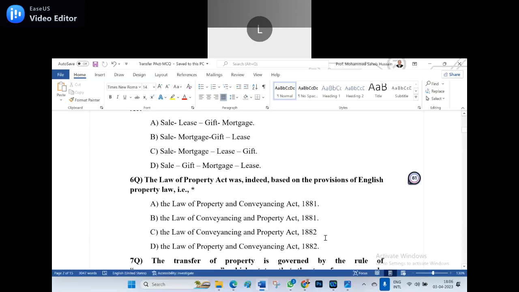The Law of Property Act was indeed based on the provisions of the English property law. Yes. Now you tell me, I will give 100 rupees. A. The Law of Property and Conveyancing Act of 1881. B. The Law of Conveyancing and Property Act of 1881. C. The Law of the Conveyancing and Property Act of 1882. D. The Law of the Property and Conveyancing Act of 1882. 100 rupees.